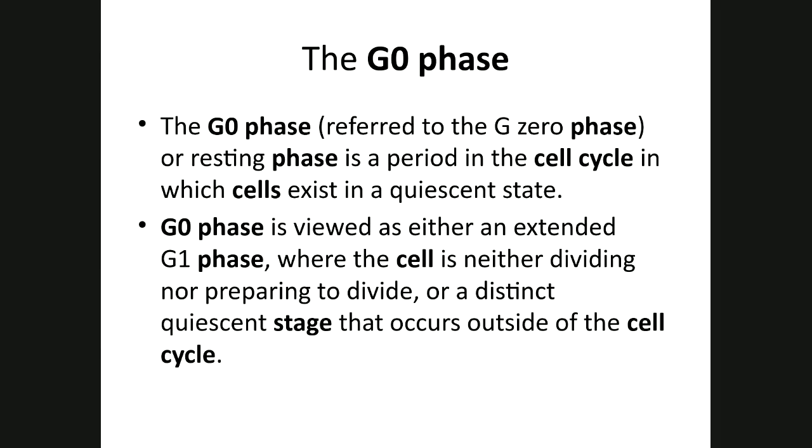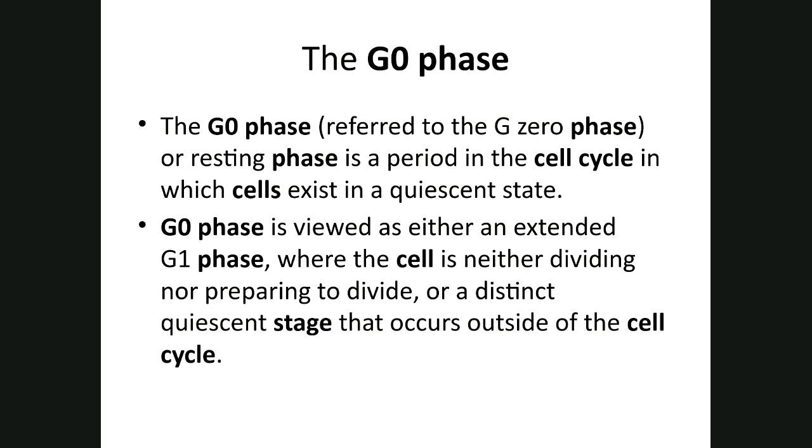Okay, so there is another stage which is not included in this cell cycle, which is known as the G naught or G0 phase. This G0 phase is known as the resting phase and is a period of the cell cycle in which the cells exist in a quiescent state. Quiescent state means the cell exists in a completely silent state.